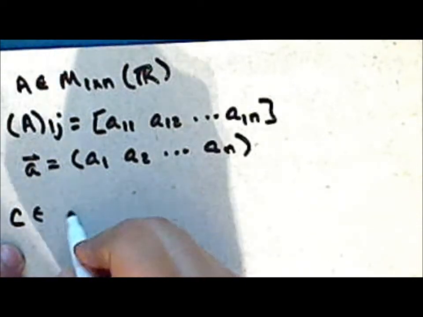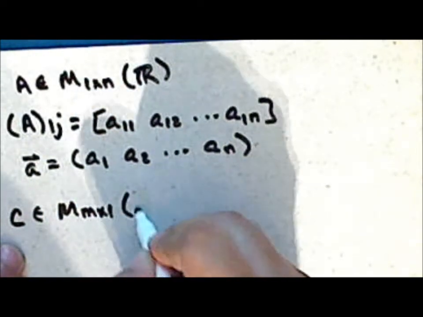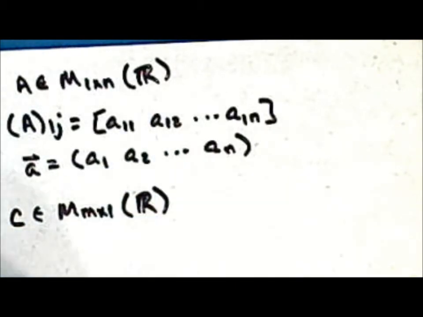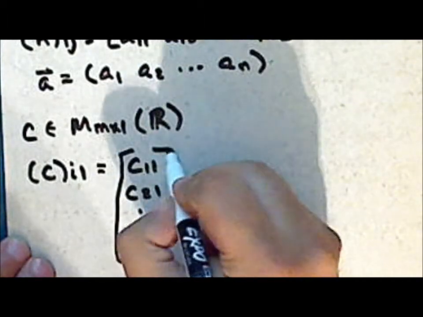Also, in the last example, the column vector C was an m by 1 matrix with real entries, that is, a column vector. And so we could list its entries, where there is a single column, as C1,1, C2,1, and so on, up to Cm1.